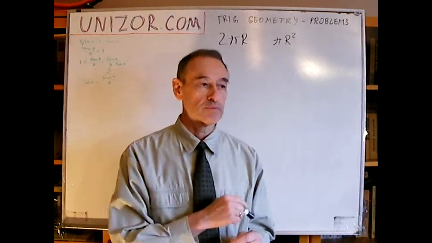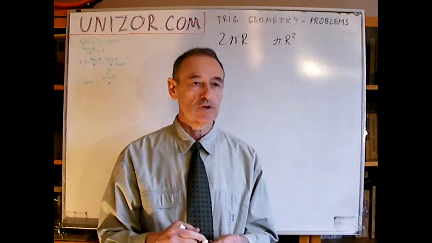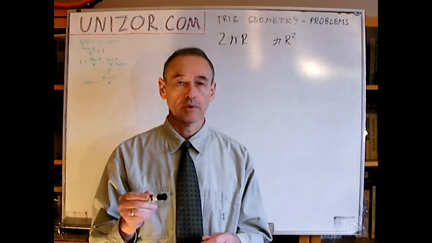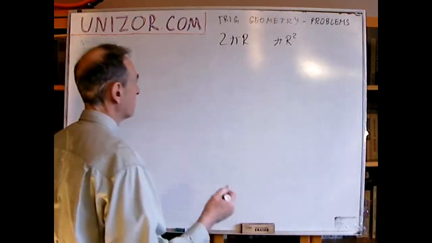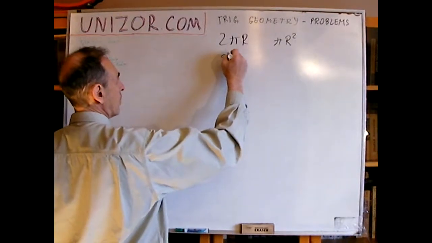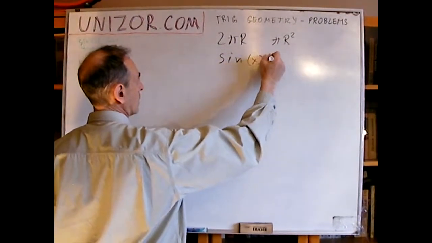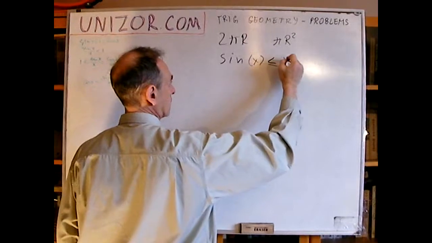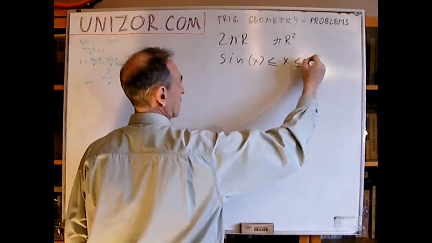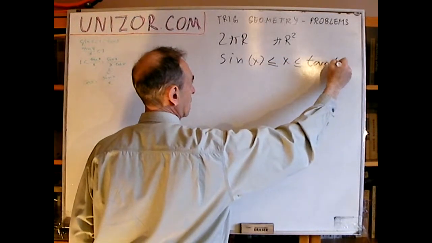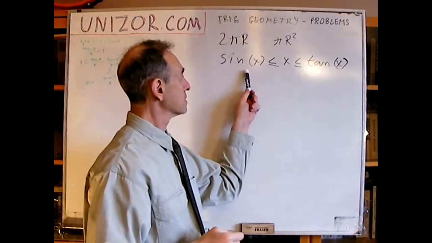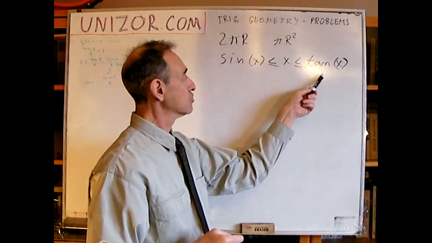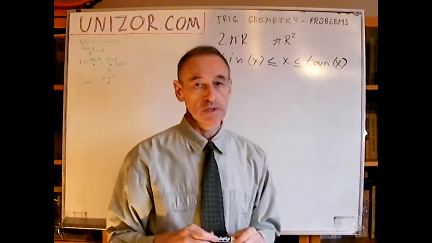Now, in one of the previous lectures, the one which was about trigonometric inequalities, I have derived this inequality between sines and tangents and the arguments in radians.